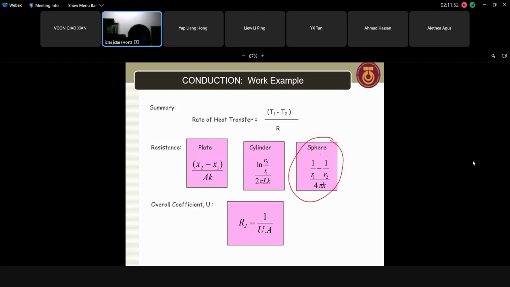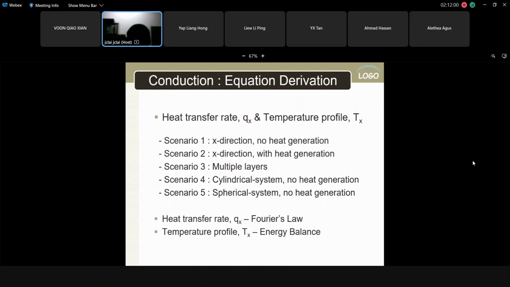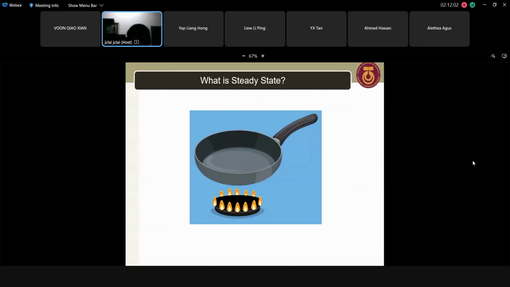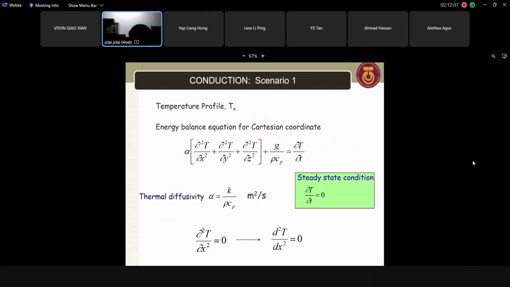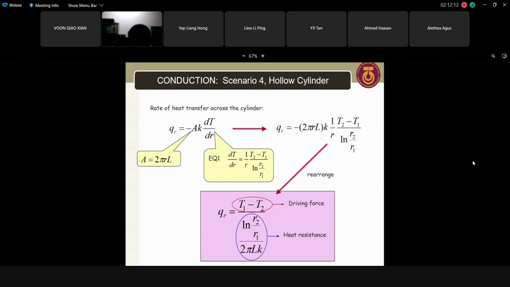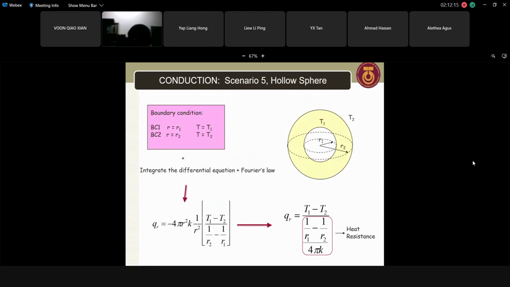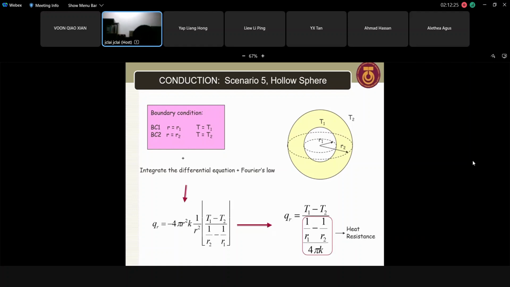And how is this formula derived? Let's see this. So you see Q. When it is derived, what is the area used?